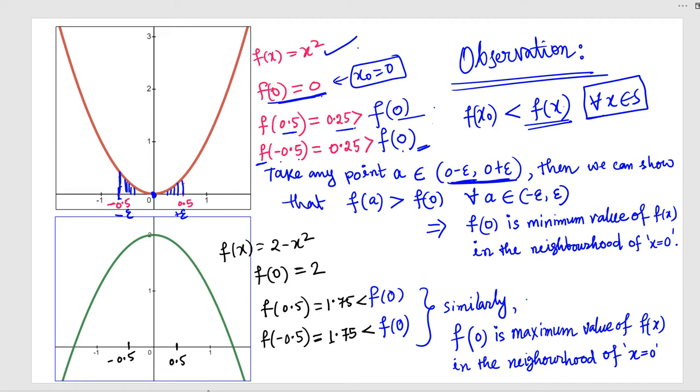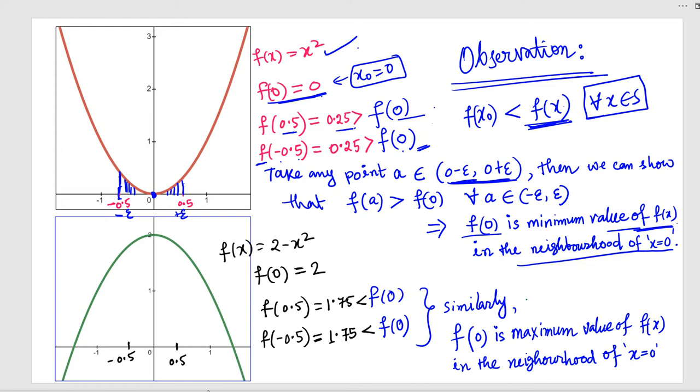If you take it, then you can see that f of 0 is less than all other values. So when we have a minimum value, f of 0 is the minimum value of f of x in the neighborhood of x naught. So this is from the geometry.